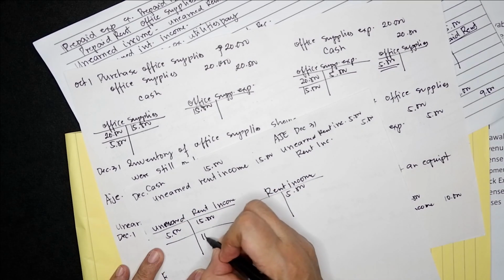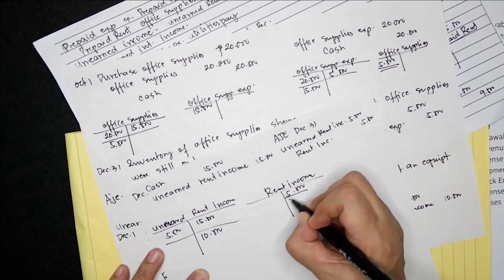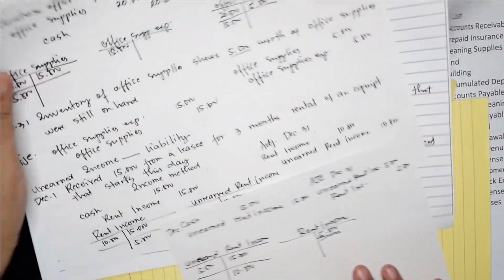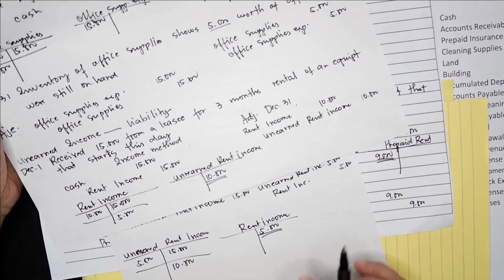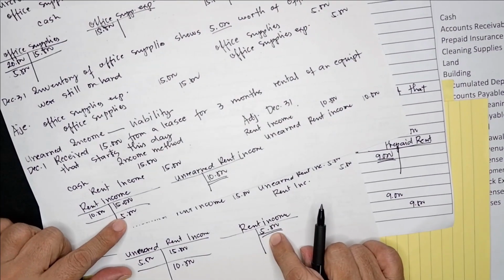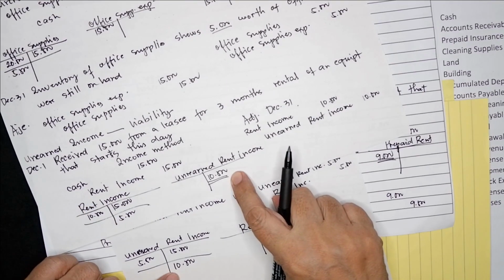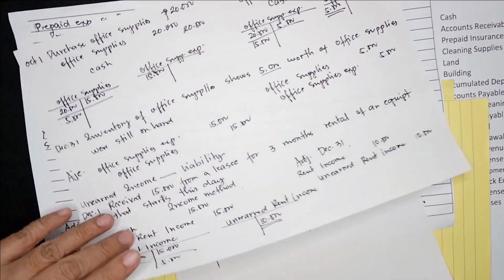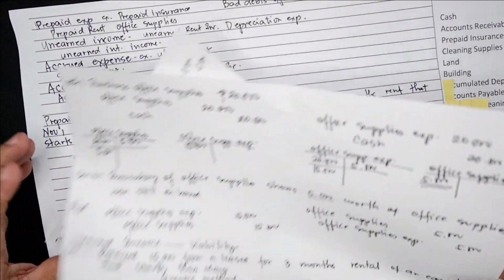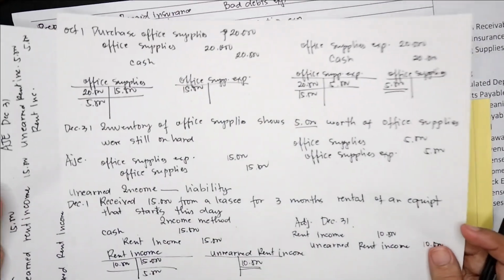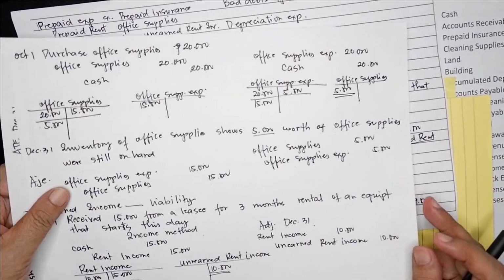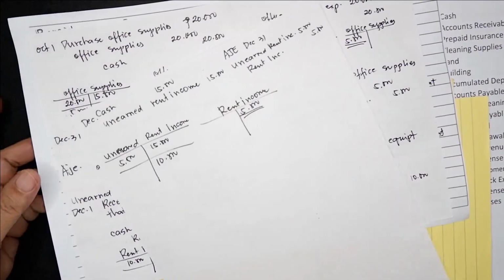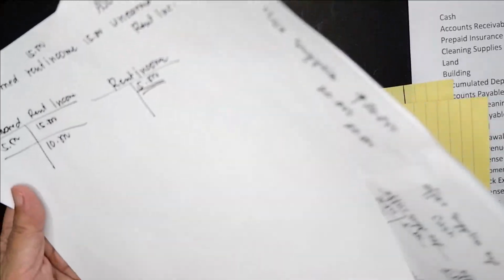So we have 10,000 unearned, and we have revenue or income of 5,000. So it is the same. So 5,000 for rent income and 10,000 for unearned for our liability. So whatever method you use, whether it is income method or liability method, it is just the same. By preparing an adjusting entry, we're going to have the same amount.